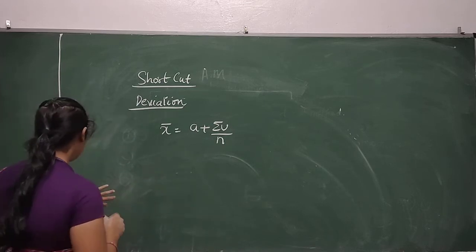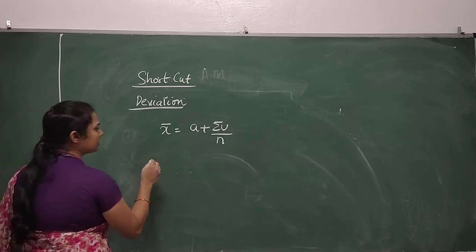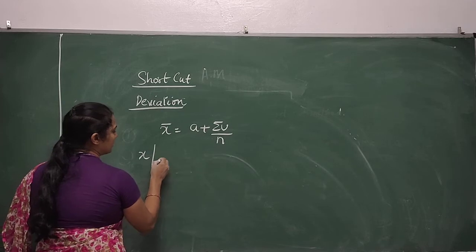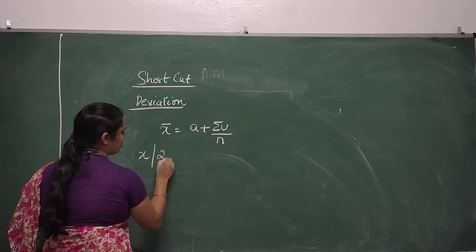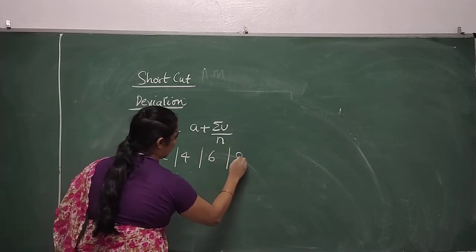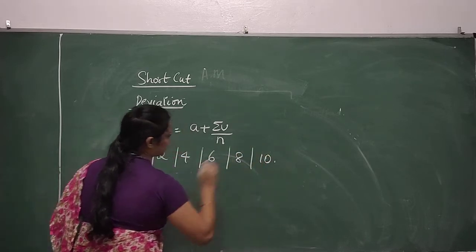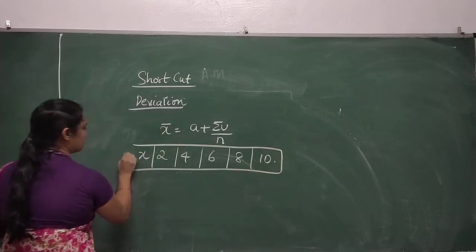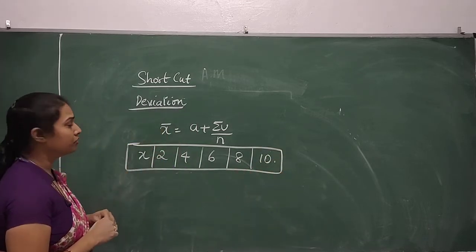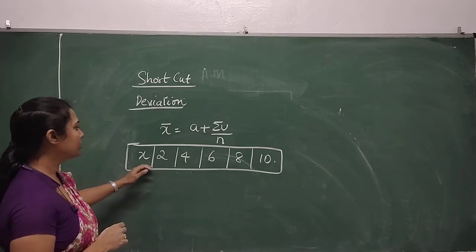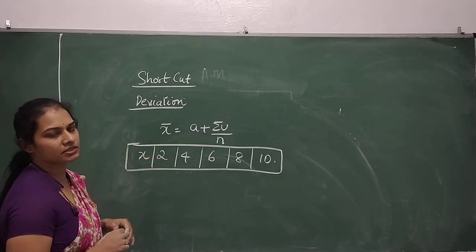In this particular case, for example, your x values are given: 2, 4, 6, 8, 10. If this is your question, they will tell you: using the deviation method, calculate arithmetic mean.